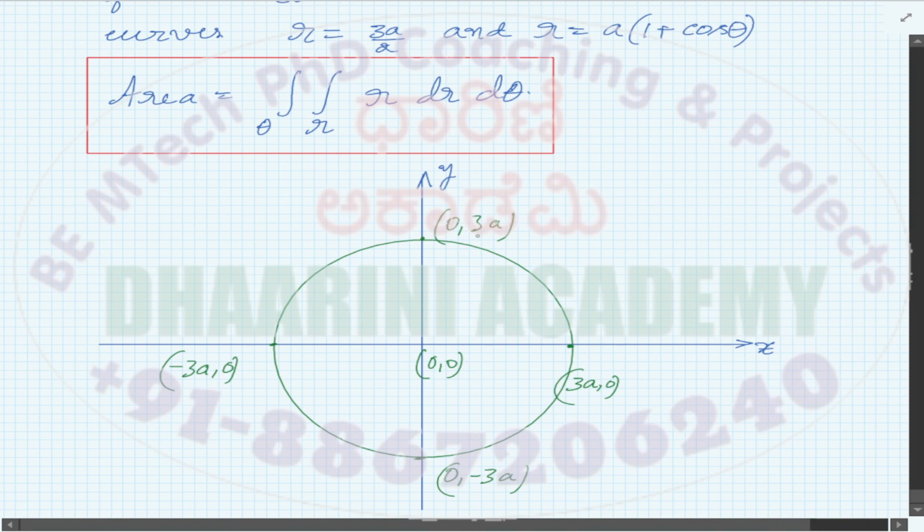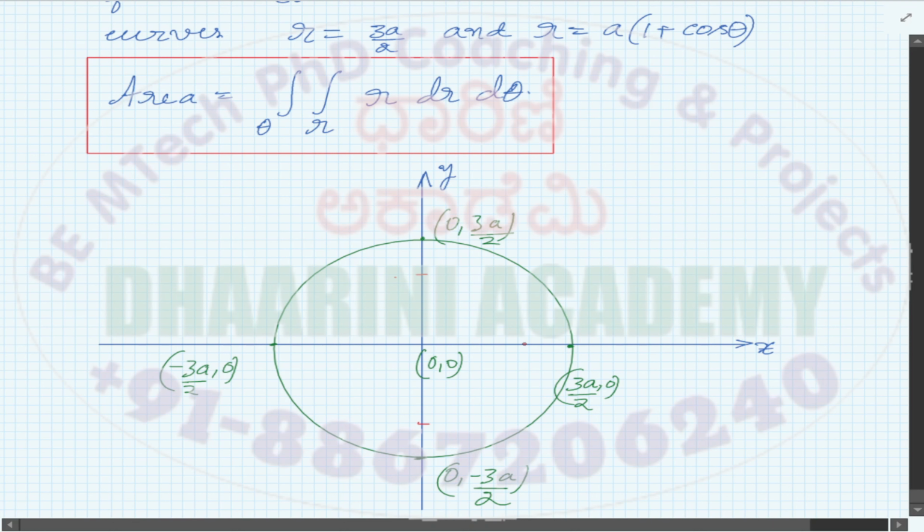So this is 3a by 2 everywhere. In the sense it's 3 by 2, which is 1.5a. So the a should come somewhere over here. Let me assume that this is a, and the other a, minus a, on the other side.